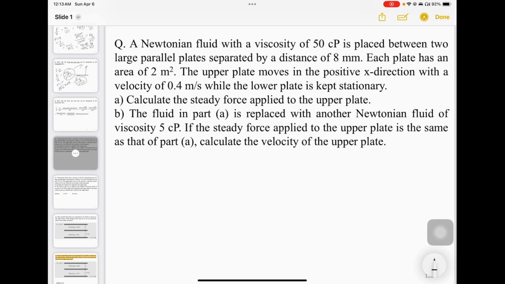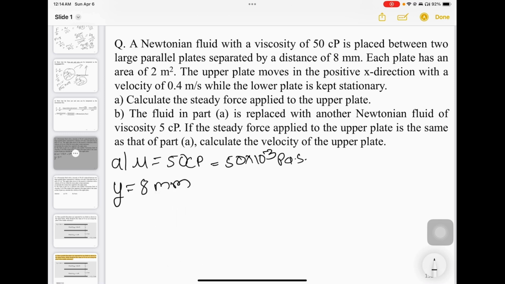So, for part A, let's write the given things: mu, our viscosity, is 50 centipoise, which is equal to 50 into 10 to the power minus 3 Pascal seconds, y is given as 8 mm, and area of plates is given as 2 meters square.